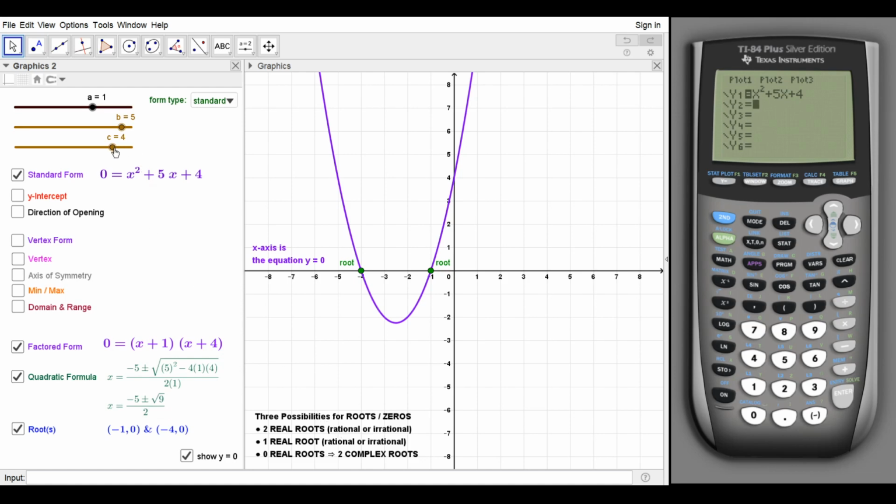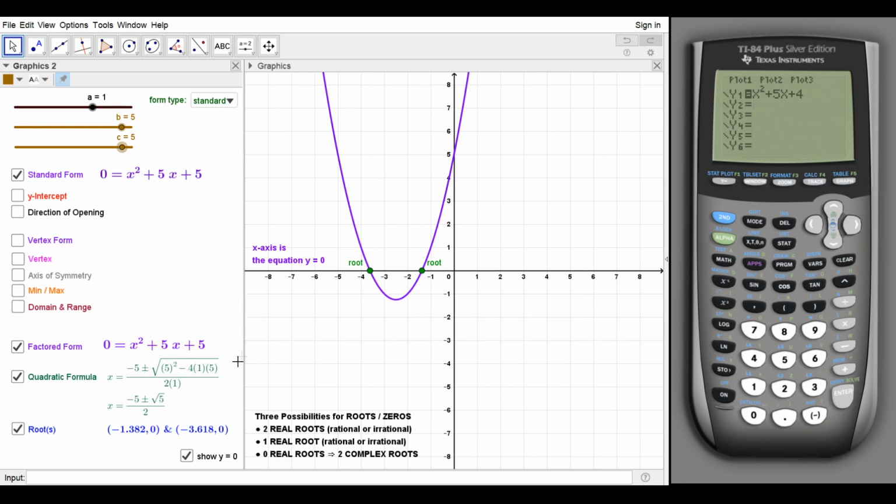Let's tweak this graph so I go down just a little bit farther, and you'll notice now that I have a square root of 5. This means this would be irrational, and you can tell that I am not getting nearly as nice answers, as my roots are not falling on integers, between -3 and -4 and between -1 and -2, and I get these unique decimals. So that's a clear sign of this being irrational.